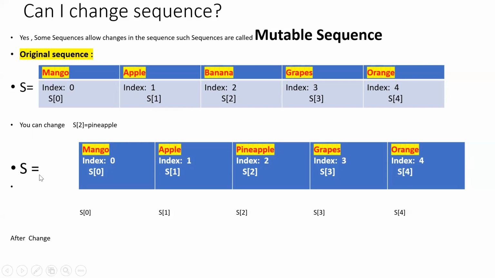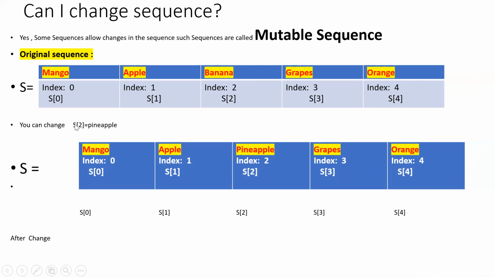The next time, the sequence will be printed as mango, apple, pineapple, grapes and orange. That means this is a point mutation. It is changed at a fixed point at index number 2. Here, in place of banana, you can see pineapple.